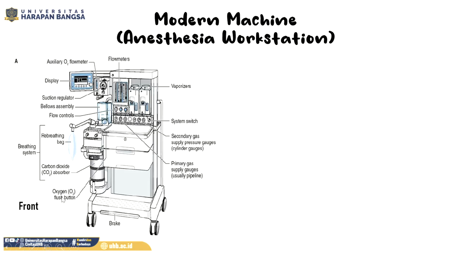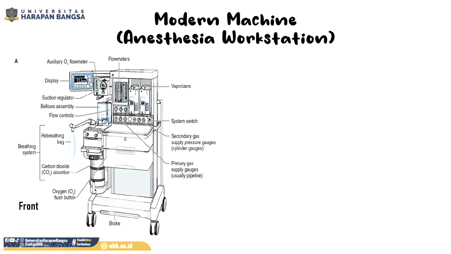We have the oxygen flush button. We have the breathing system, that is the rebreathing bag and carbon dioxide absorber. And we have the load controls, and this is the bellows assembly, and the next is the suction regulator.